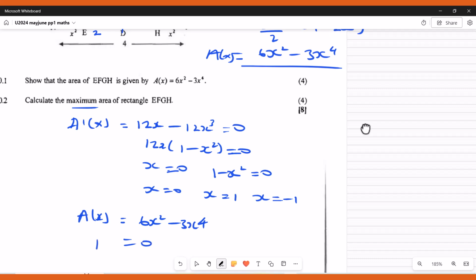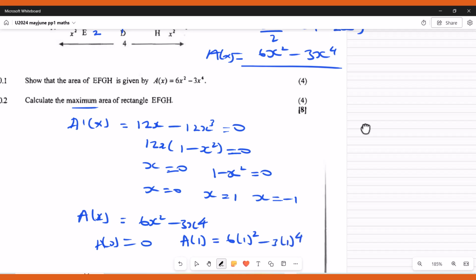Then if I put 1, because all these powers are even powers, I'm going to get the same as -1. So if I put x as 1, I'm going to get 6 times 1 squared, minus 3 times 1 power 4.